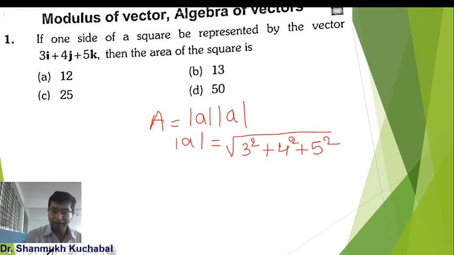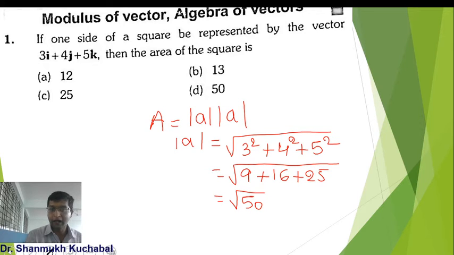If you simplify this, we get the square root of 3 squared which is 9, 4 squared which is 16, 5 squared which is 25. So we get root of 50. I call this equation 1.